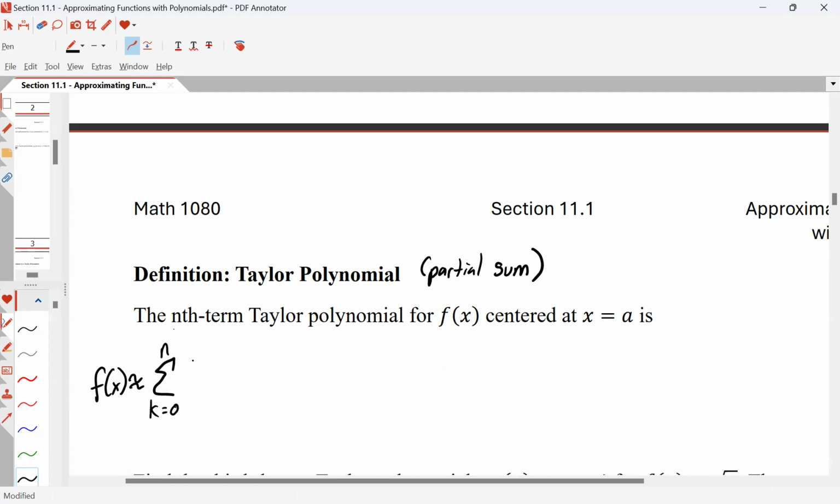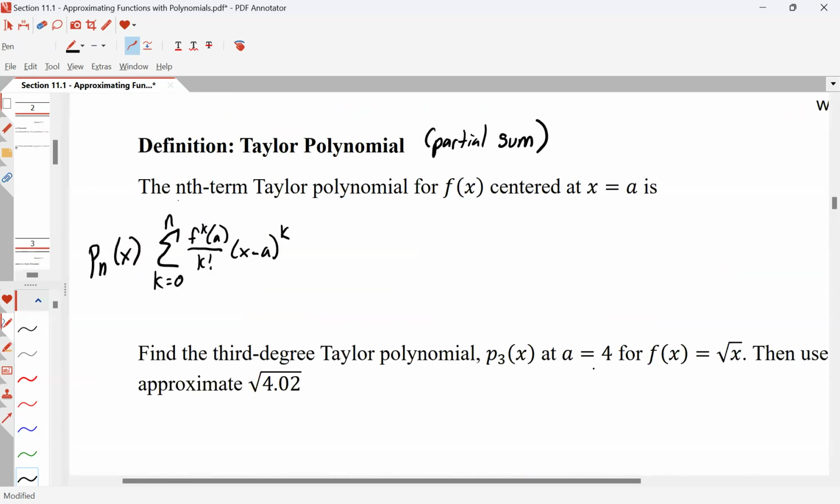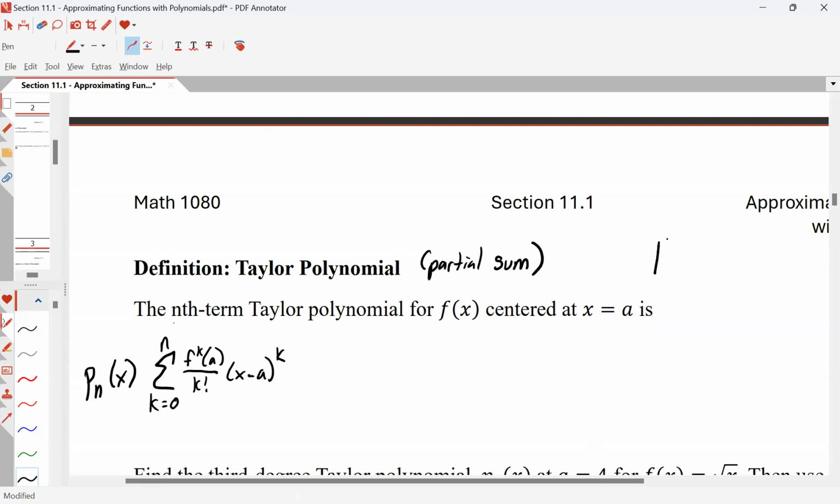And this will be approximated by that kth derivative at a over k factorial x minus a to the k. The notation we'll use is p sub n of x, where p sub n of x approximates f of x.